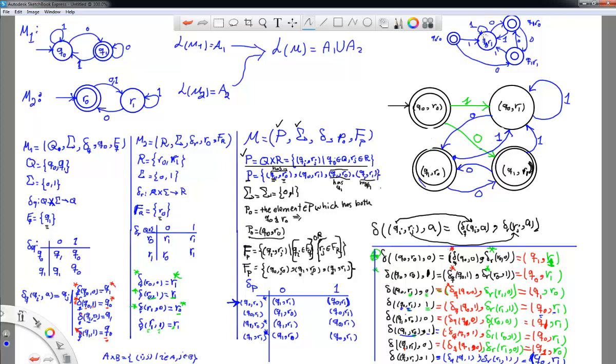This is now a completely efficient, algorithmic way of building a finite automaton that accepts the union of the two languages.